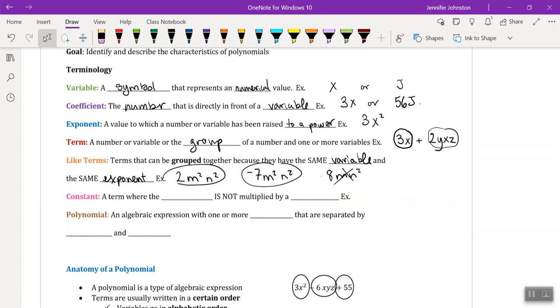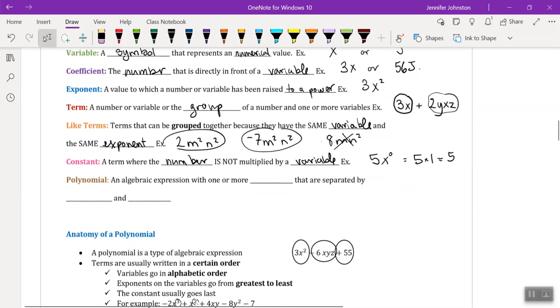A constant is a term where the coefficient or number is not multiplied by a variable. So there's no variables here, but the variable might be in disguise. For instance, you can have the number 5, but we could have a variable to the power of 0, meaning this would just be 5 times 1, which is 5.